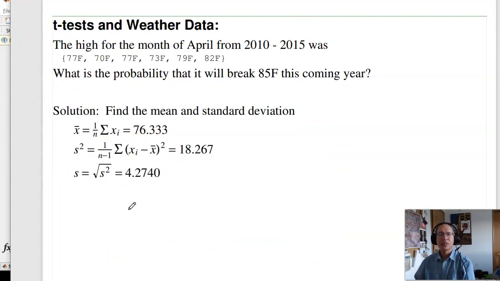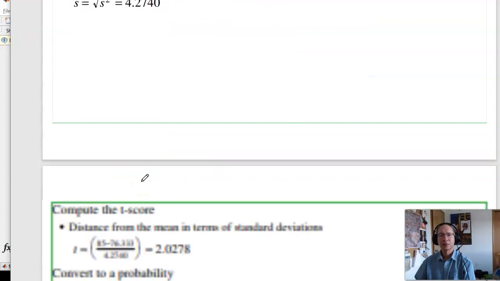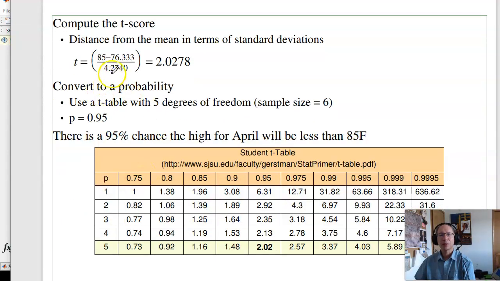I can also do things like weather data. If I have 5 years of weather data from Hector Airport, I've got the high for the month of April. I can calculate the probability it's going to break 85 this coming April. From the data, I've got a mean and a standard deviation. The t-score, how far 85 is from the mean in terms of standard deviations, is 2.02. I have a sample size of 6, meaning 5 degrees of freedom. Find the number 2.02, and it says 95%.